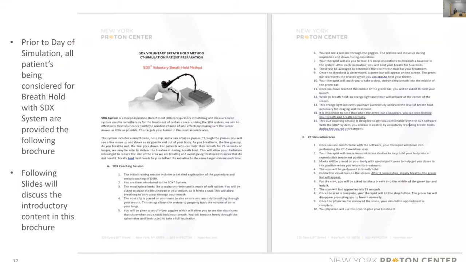We also do one additional thing even prior to that training session, before the patient even comes on site. If we know that a physician or a provider is looking to use SDX for one of their patients, we will send this brochure, which we've created in collaboration with DYN'R and with a lot of work from our internal team.